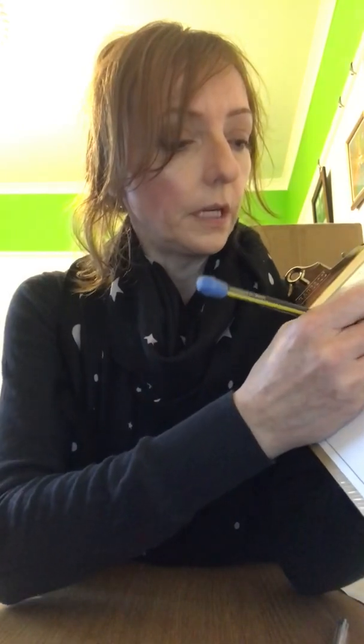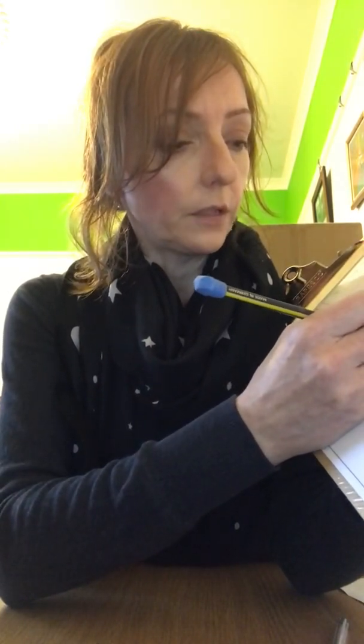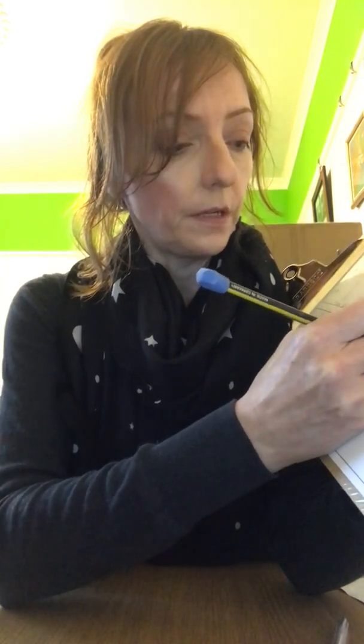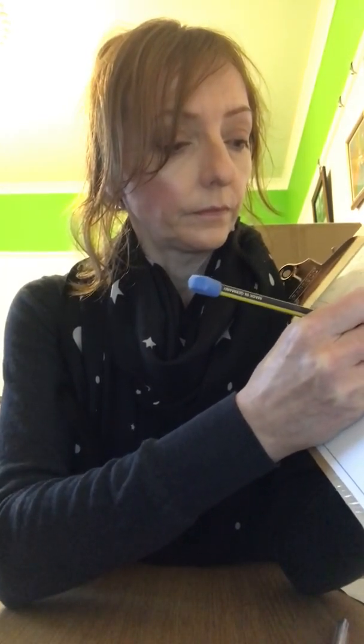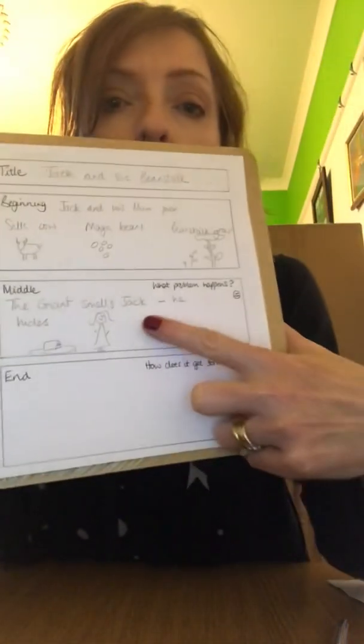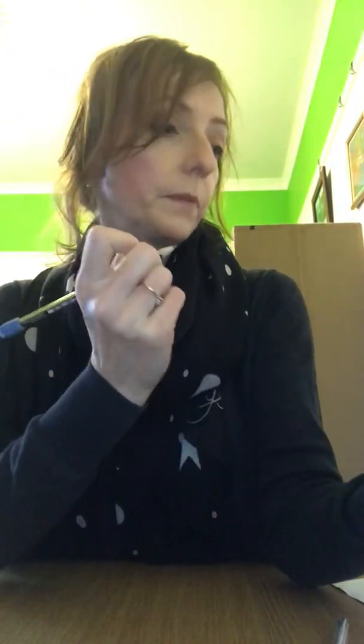So the giant smells Jack, he hides, and then you could draw the giant's wife hiding Jack, maybe. There's my giant's wife. And she hides him, I can't remember, she hides him in a bread bin or somewhere, doesn't she? So you could draw a little bread bin on the table. And then you could draw Jack peeping out of that bread bin there. So there's Jack hiding. So that's my problem that happens.